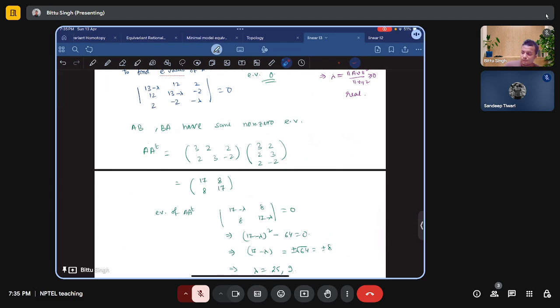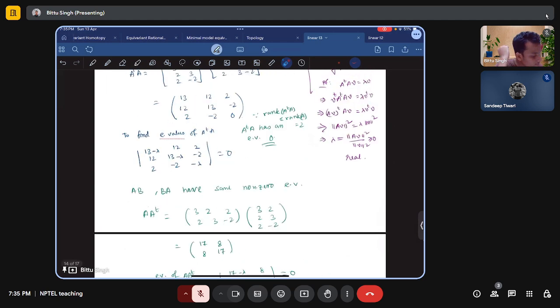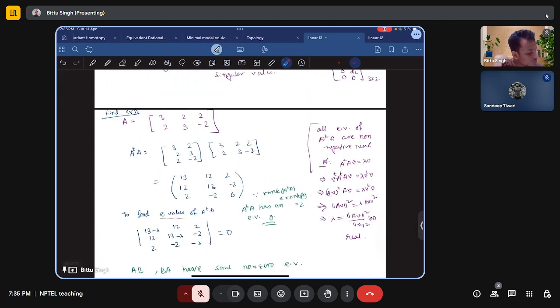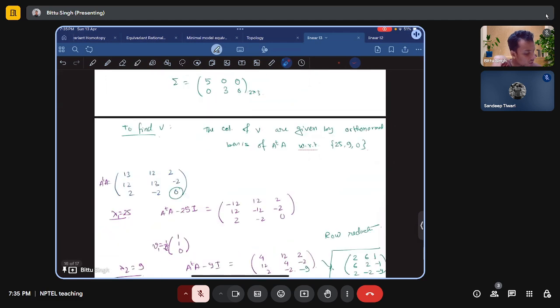Okay, maybe avoid this. I have calculated wrong somewhere. So maybe directly put those eigenvalues.